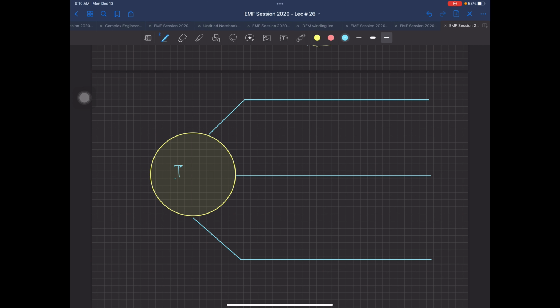So this is my induction machine, which I want to make a generator, and supposing it has some residual magnetism. And I have some load attached over there. Let me call this load connected.